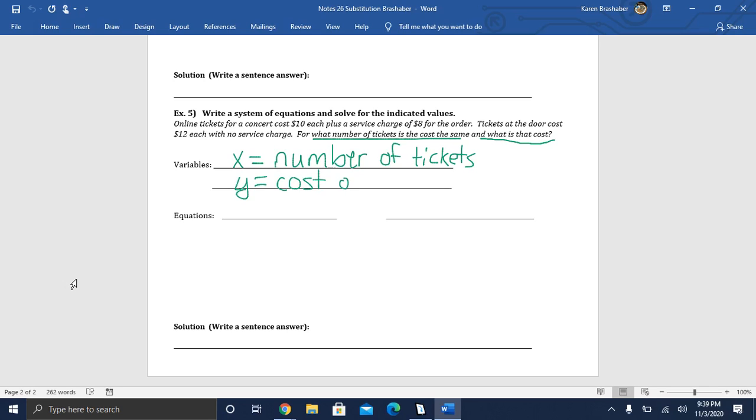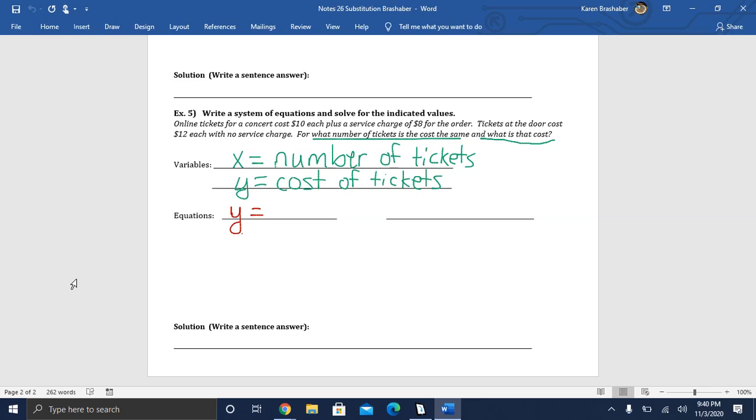So the cost of the tickets. Now, in a cost equation, very often you have the cost equaling. So in other words, y in this problem equaling and then something happening with that. So let's look and see.